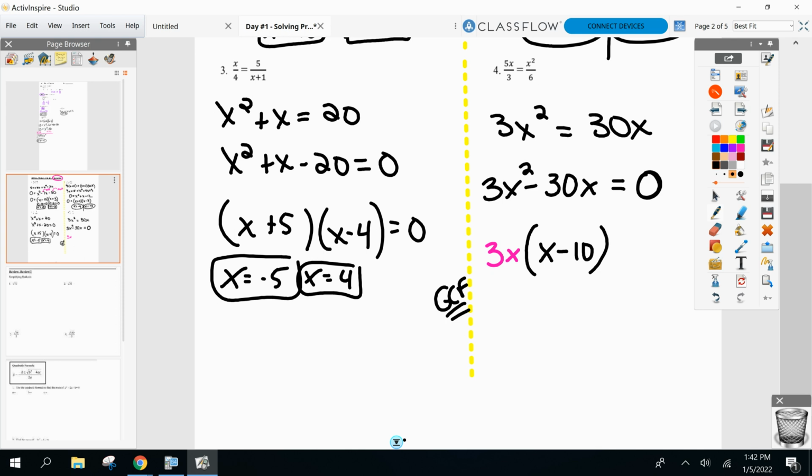I take out something in common. Still equal to 0. And just like we did with your parentheses, we're going to set each of them equal to 0 and solve for x. So I'm going to take 3x, set it equal to 0, and I'm going to take x minus 10 and set it equal to 0.